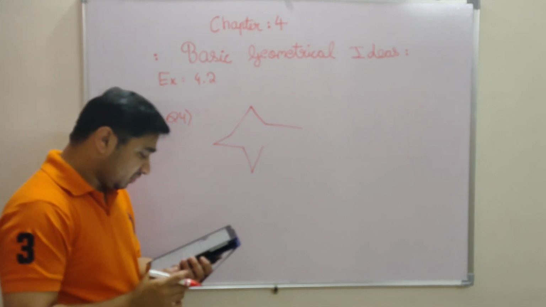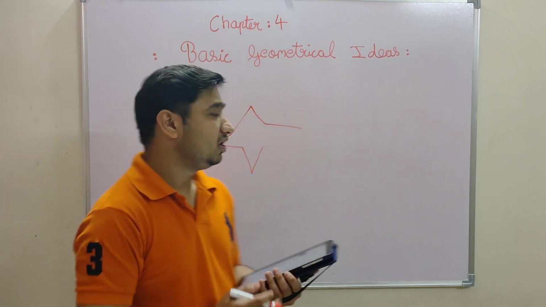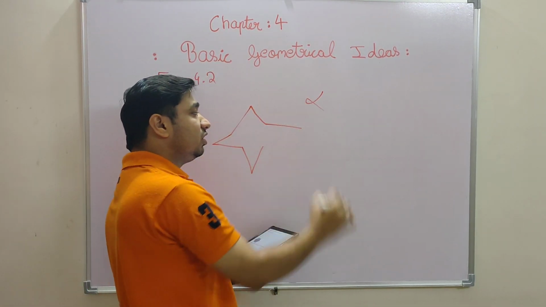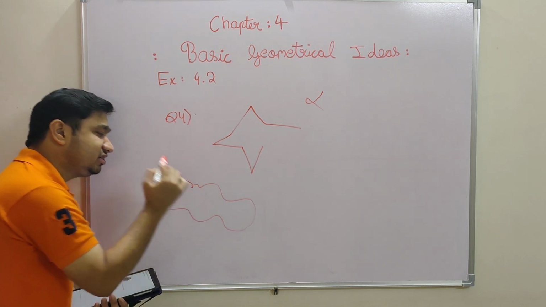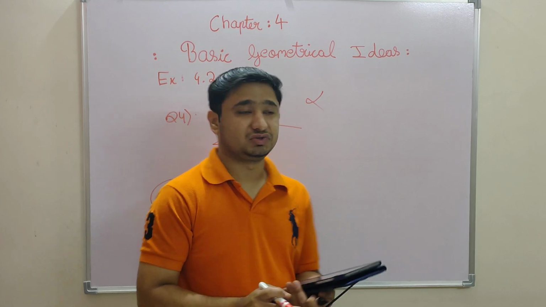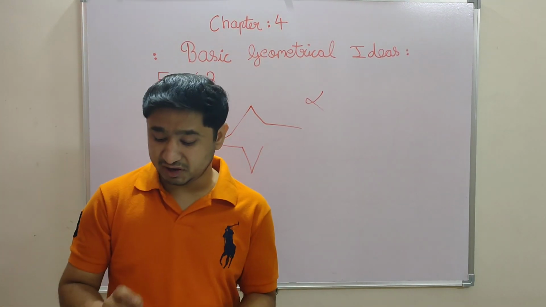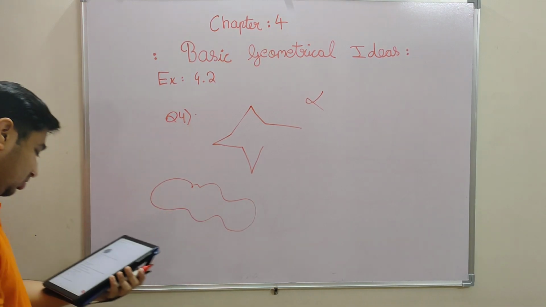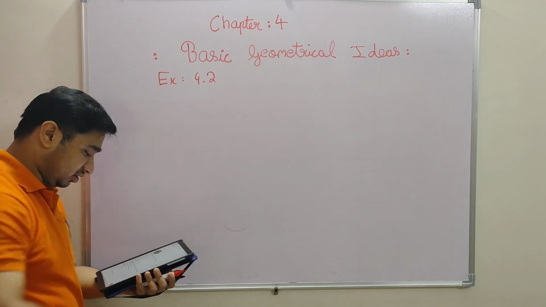This is the figure. Is it a closed figure or a curve? It's not a curve, because a curve is curvy and has no sides. It is also not closed, because it is not connected at a single point. So it is neither a curve nor a closed figure.